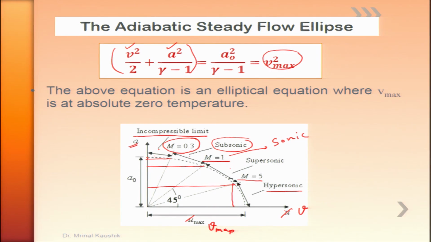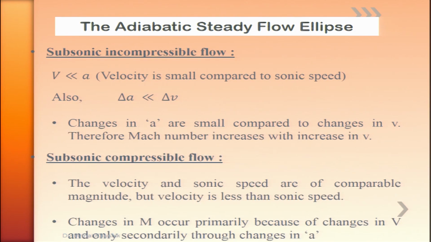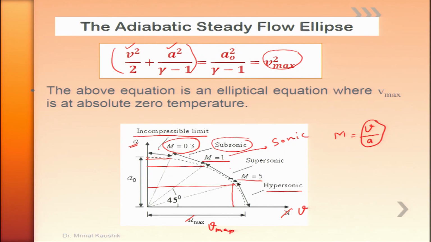We are interested in the speed of the object relative to the speed of sound, or the flow speed relative to the speed of sound. In this subsonic incompressible flow, the flow speed small v is very much less than the speed of sound. Further, by seeing this graph, in comparison to the flow speed change, the change in the speed of sound is very small.